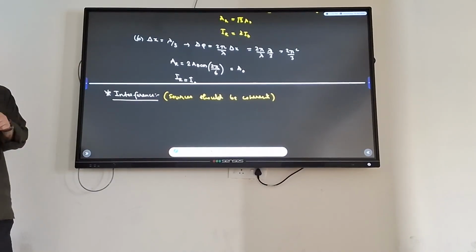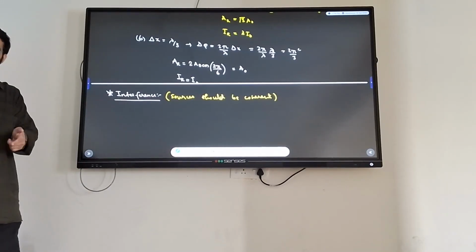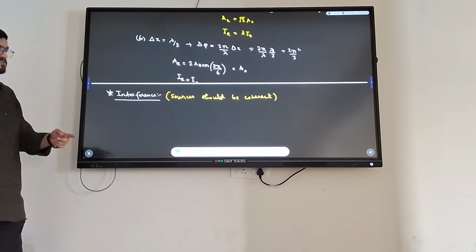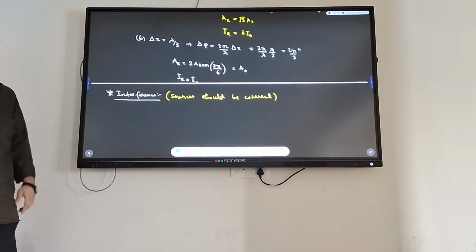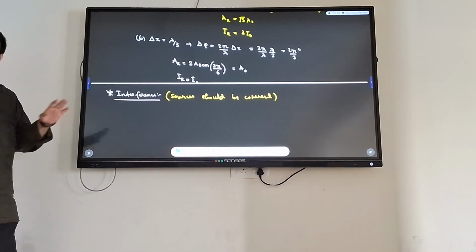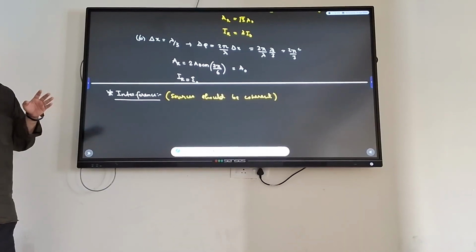Interference is basically addition of waves. Superposition principle is also addition of waves. But the superposition principle does not care about whether your sources are coherent or incoherent. It's general. In general, y1 plus y2.